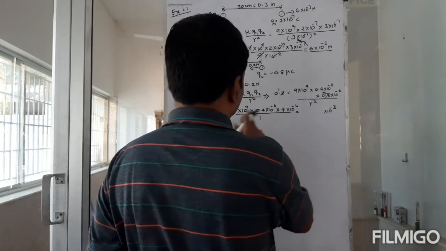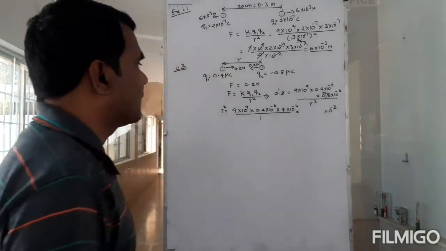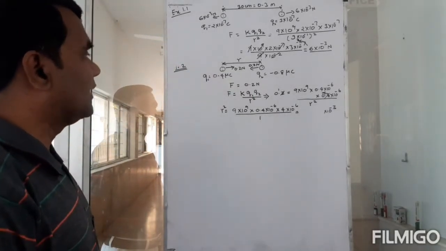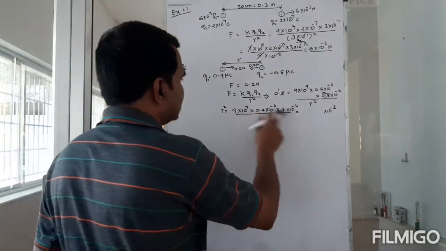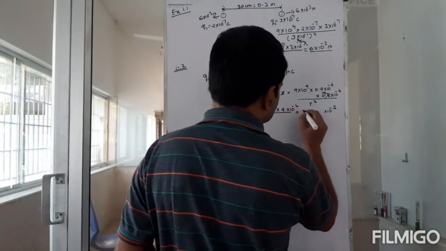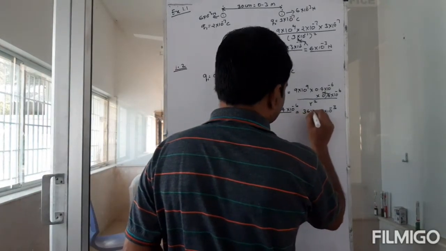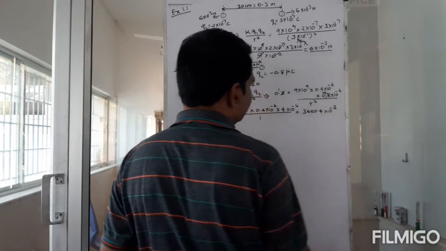So what have we got here? Basically 9 into 4 is going to be 36, right? 9 into 4, 36. 36 into 0.4.